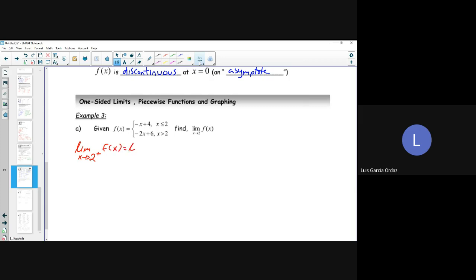Which one are we going to use? Negative 2x plus 6 or negative x plus 4? Which one would we be finding the limit of 2 to the right? Negative 2x plus 6, thank you.